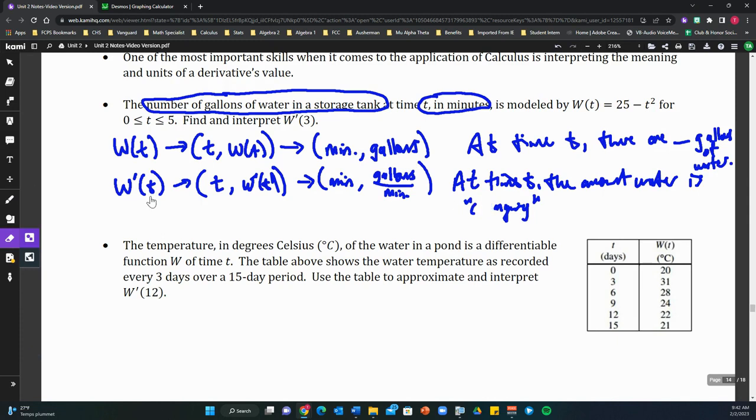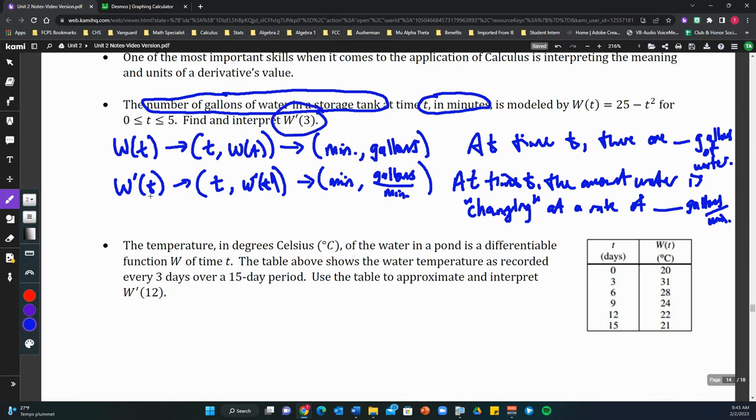It doesn't specify whether it's increasing or decreasing, but once we have a value for the rate of change, we'll be able to describe that in a little better detail. So changing somehow, for right now, at a rate of blank gallons per minute. So that is how we would go about interpreting the value of w prime of 3.